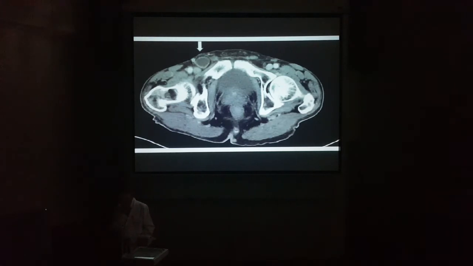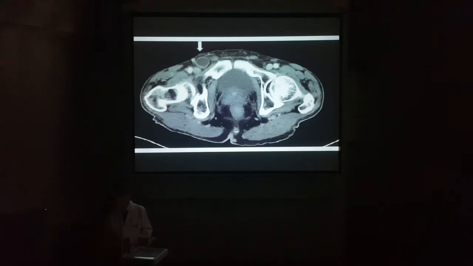It takes a scan to see what the situation is. You know where we are now? You know this structure here? Femur. Head of femur.